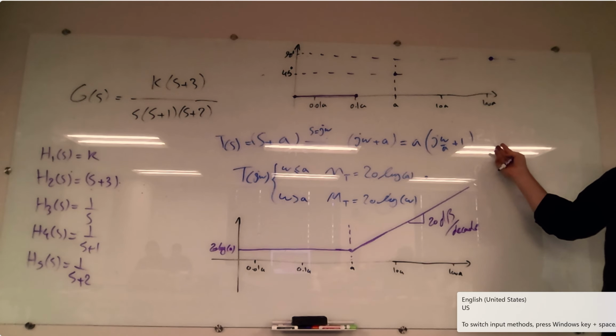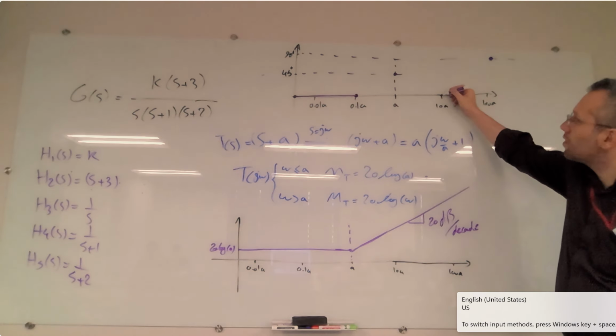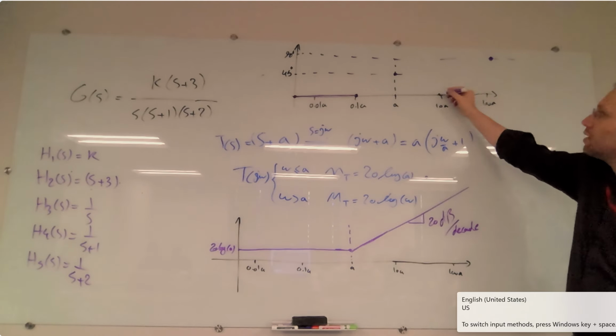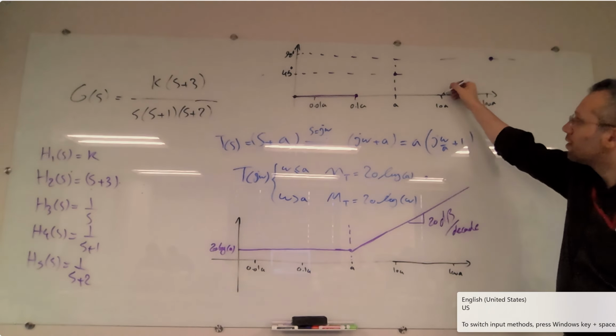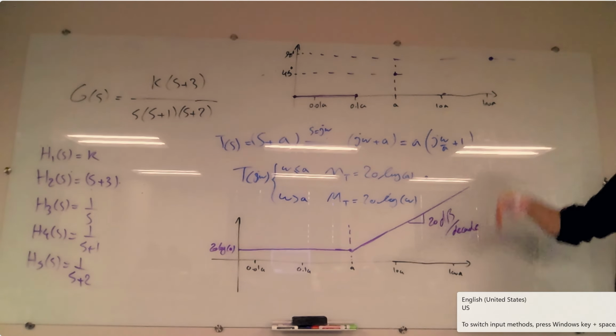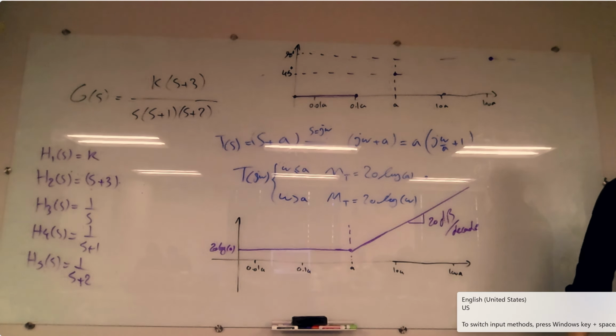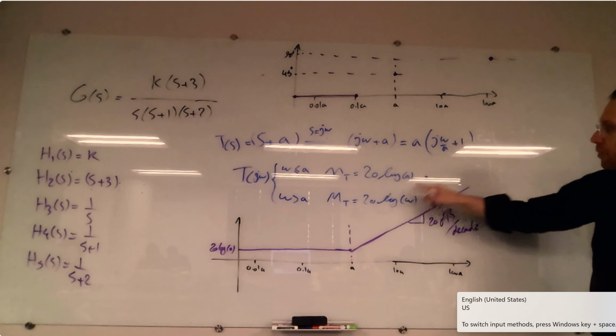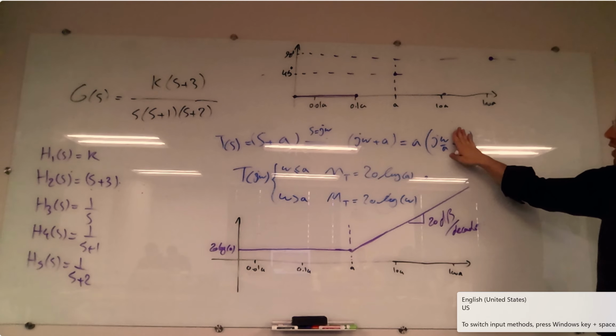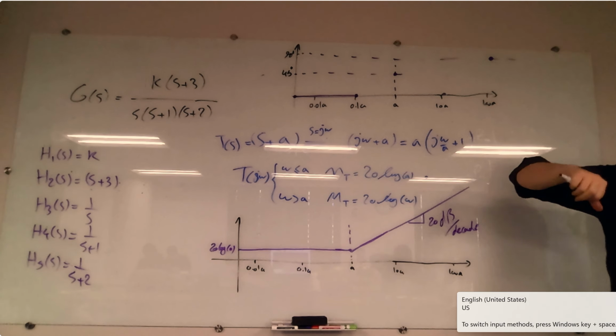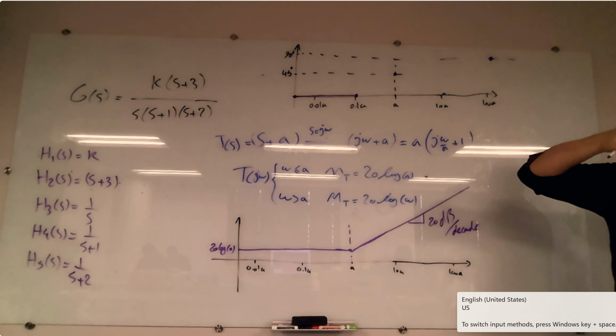Does that make sense? So after omega exceeds that 10A, we can consider the second assumption and say there is no one here, and we are at 90 degrees. Make sense?